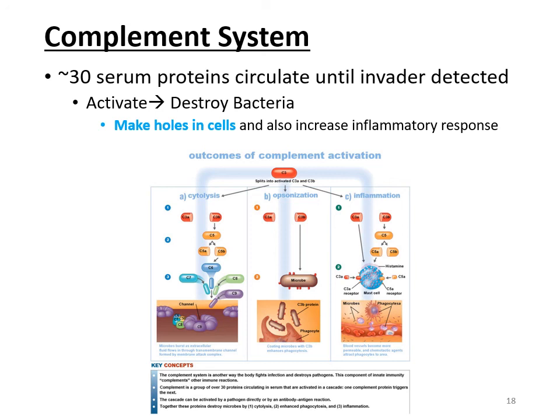But for our purposes right now, in general bio, you just have to know that the complement system is a series of proteins, a whole bunch of proteins that physically destroy the bacteria by drilling holes in the bacterial cells. Okay, so I highlighted it in blue. I want you to emphasize that the complement system is proteins that will drill holes in the pathogens, and that ends up killing the pathogen.